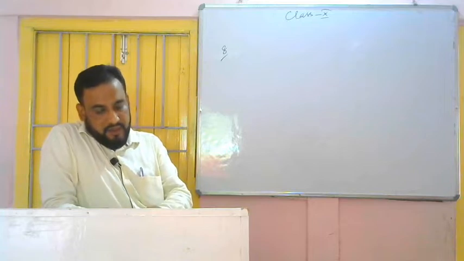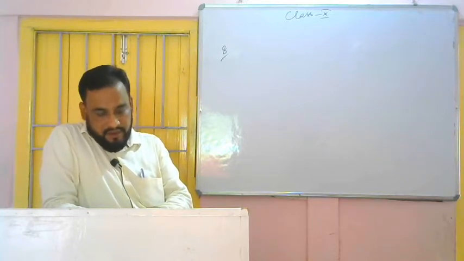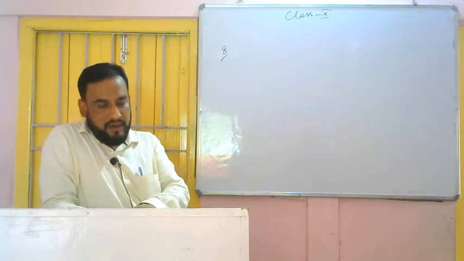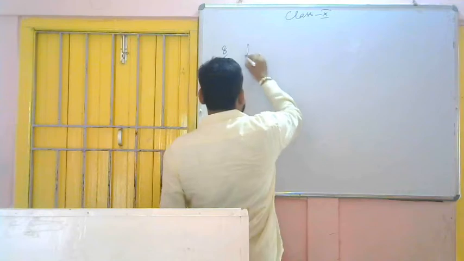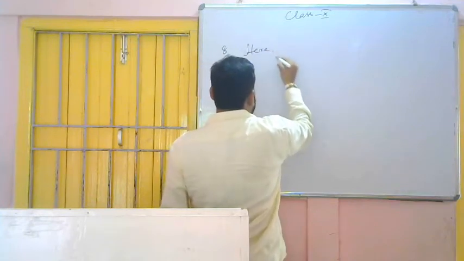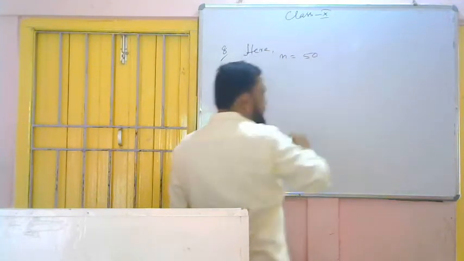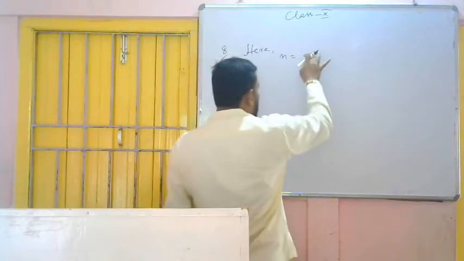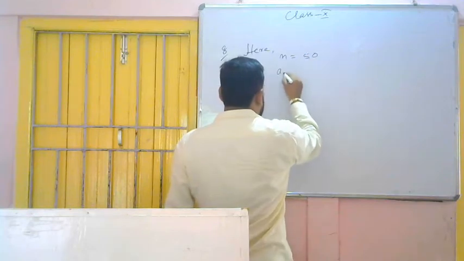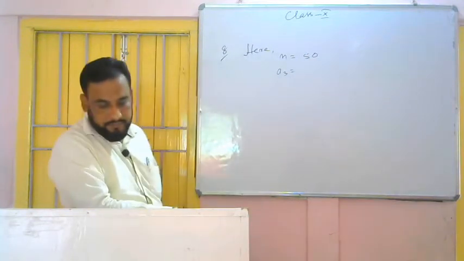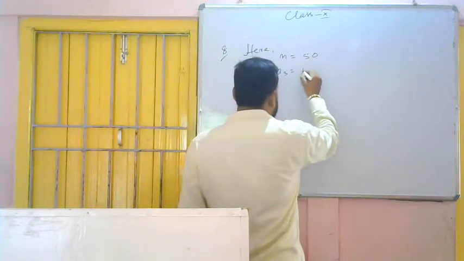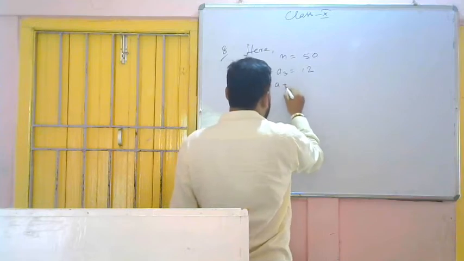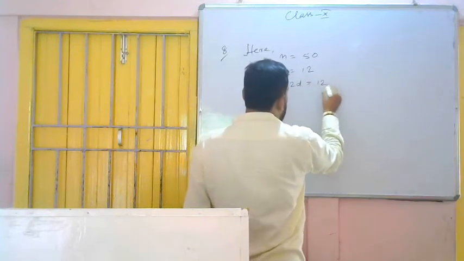An AP consists of 50 terms, that is N is 50, of which third term is 12 and the last term is 106. Here N is equal to 50. A3 is equal to 12 implies A plus 2D is equal to 12.